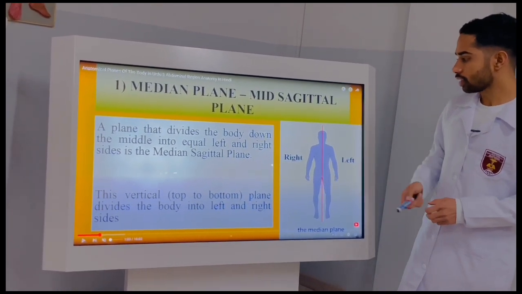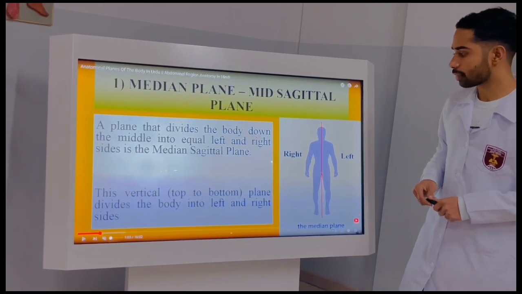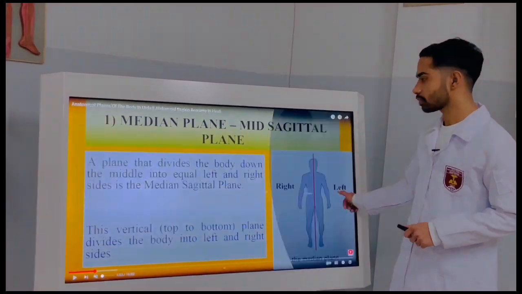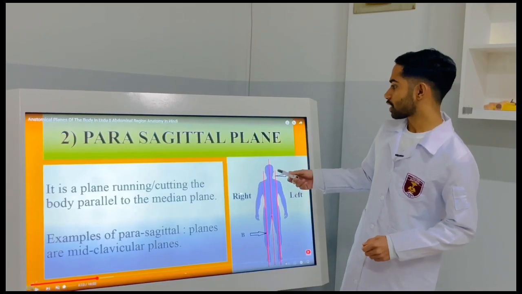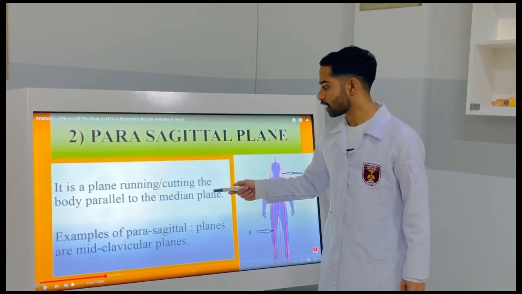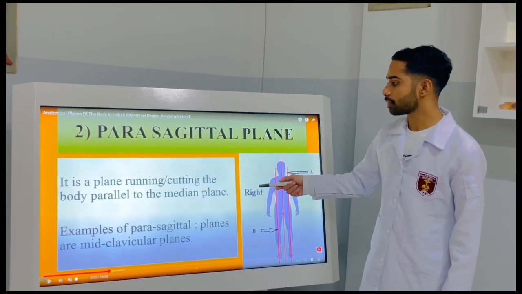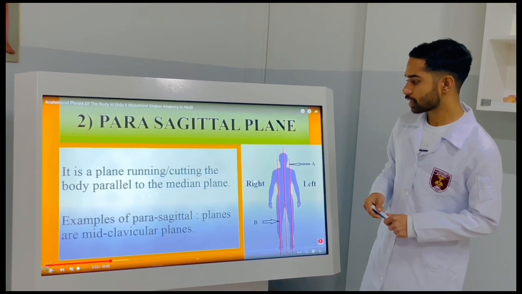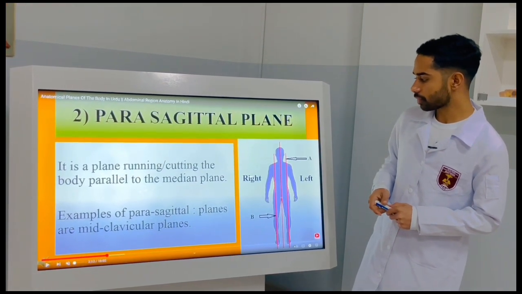This vertical top-to-bottom plane divides the body into left and right sides. The parasagittal plane is the plane cutting the body parallel to the median plane. An example of a parasagittal plane is the mid-clavicular plane.